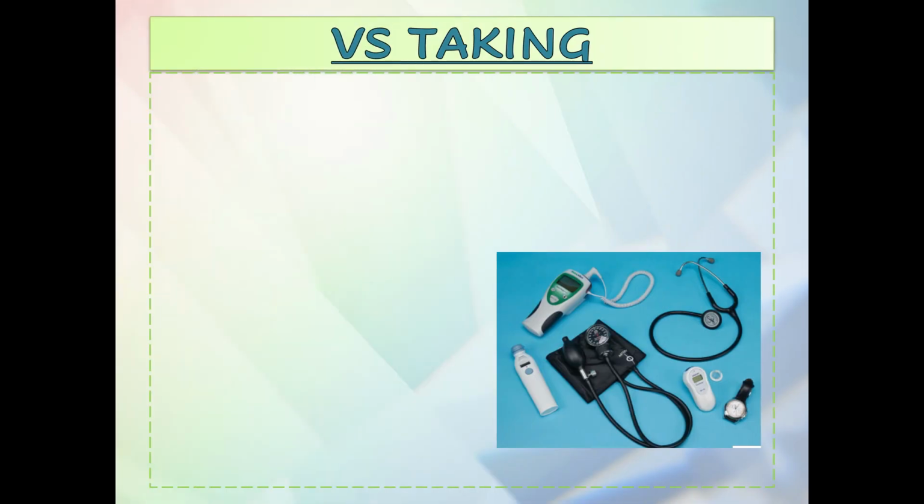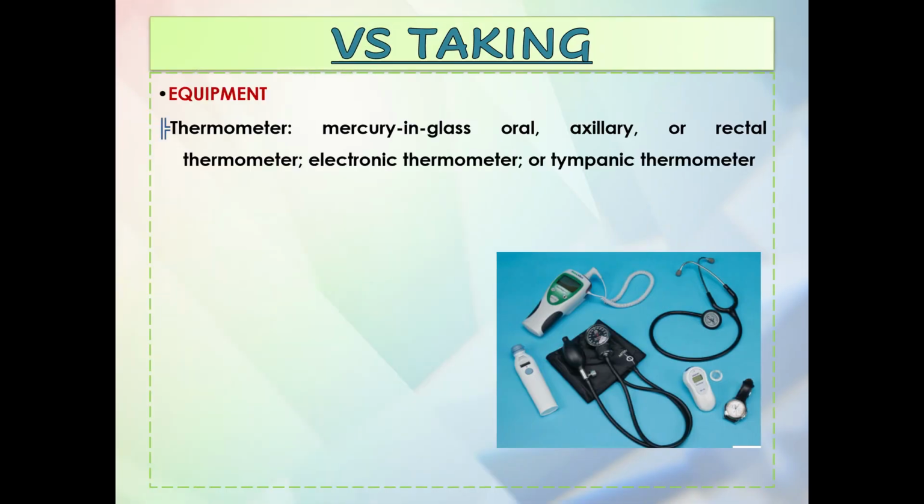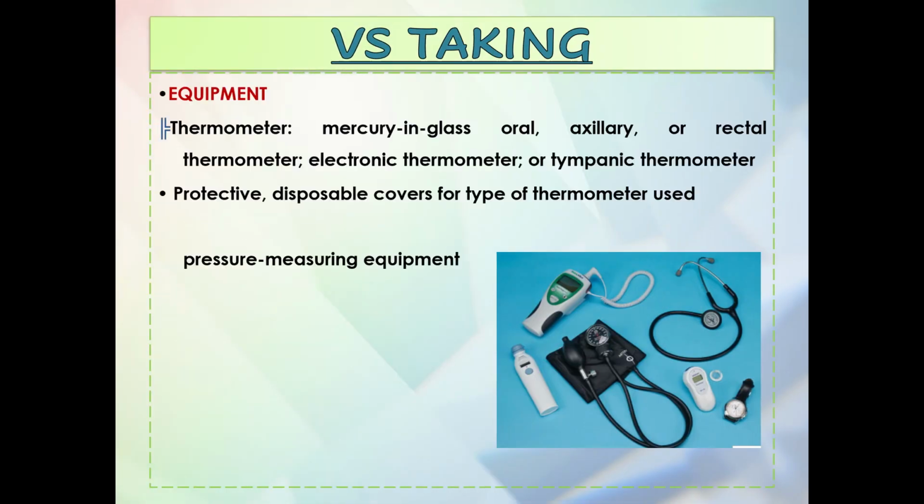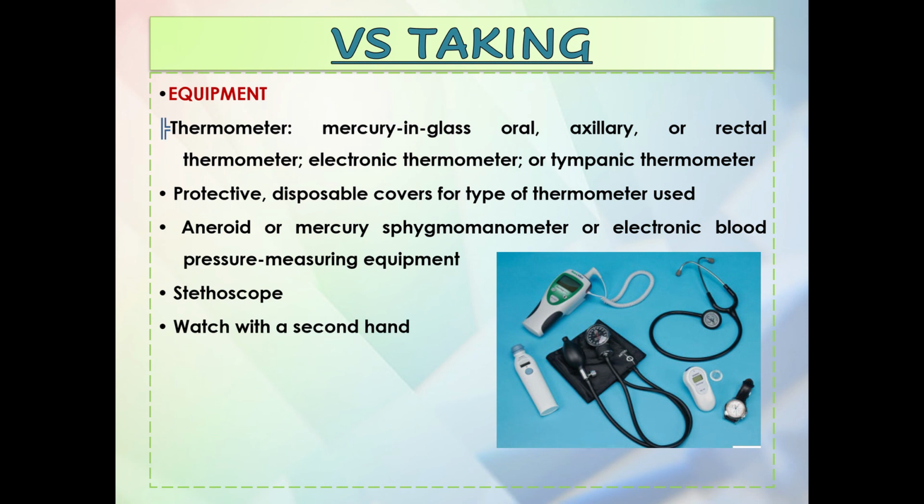Now, for the vital signs taking for our return demonstration, these are the equipment that you have to prepare. Thermometer. Whichever thermometer is available to you, it could either be mercury in glass, oral, but this is no longer commonly used, axillary or rectal thermometer.